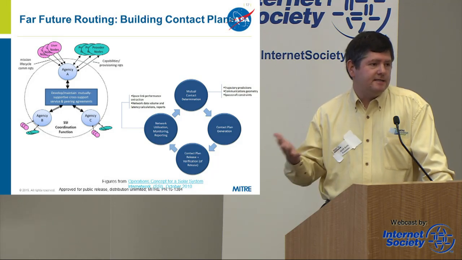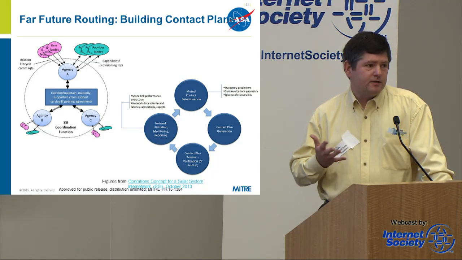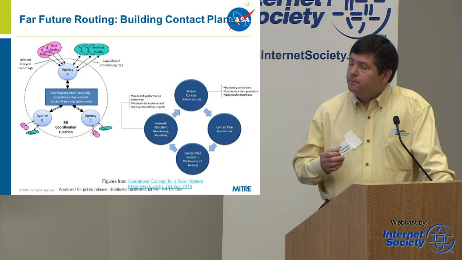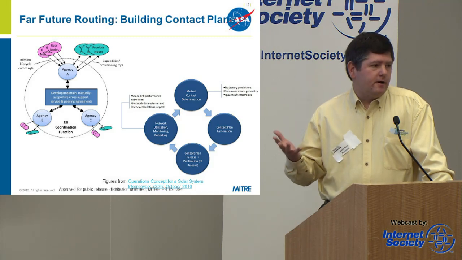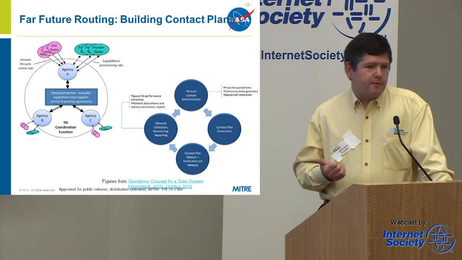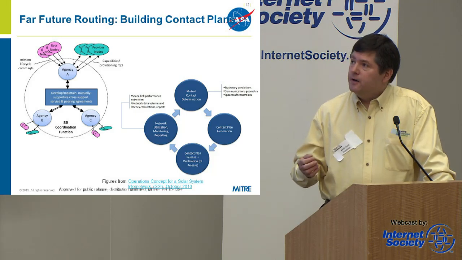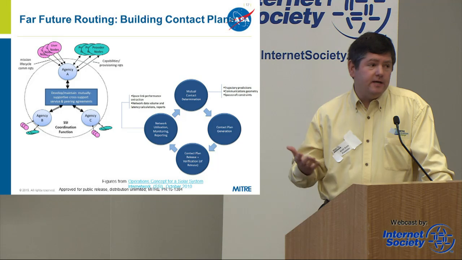When can asset A see asset B? If you're not actually going to start moving spacecraft around in order to enable connectivity, start from there and say, look, what are the contacts that we can advertise in one of these contact plans and distribute, and what are the needs, right?